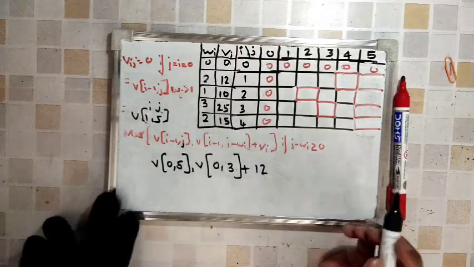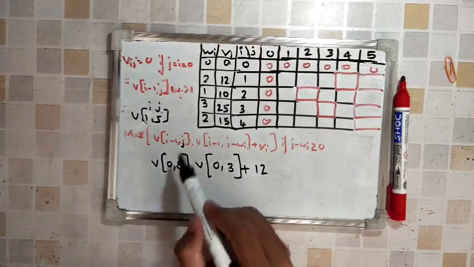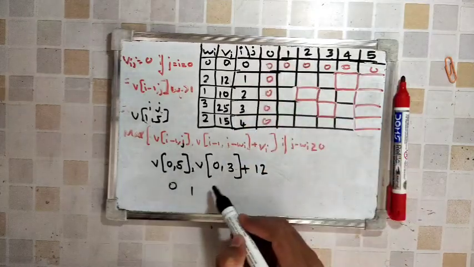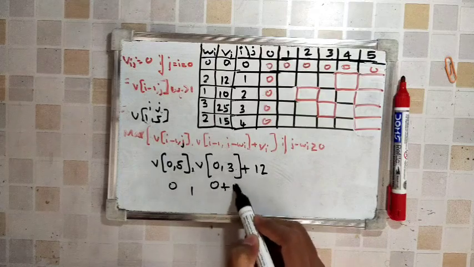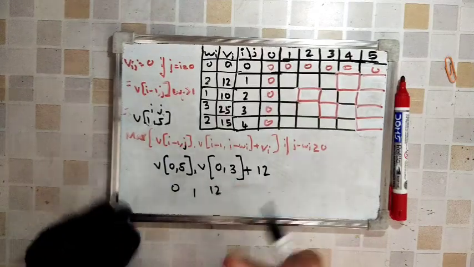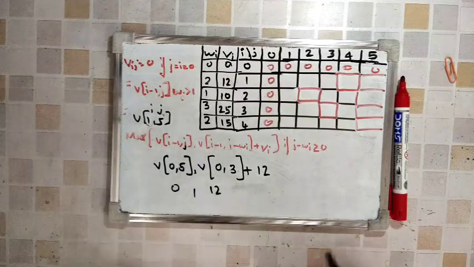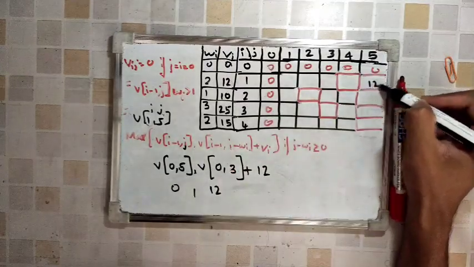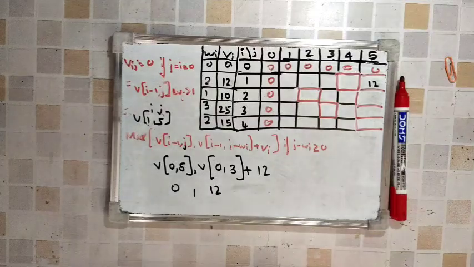So now see here, 0 comma 5 we have the value, that is 0, plus 12, which is nothing but 12. So what's the max I got, that is 12. So max is selected, so 1 comma 5 becomes 12 now. You understood, right, how I got 12 over there.